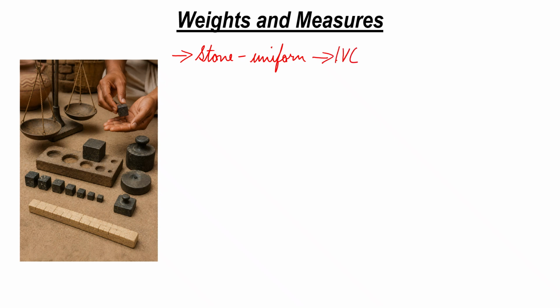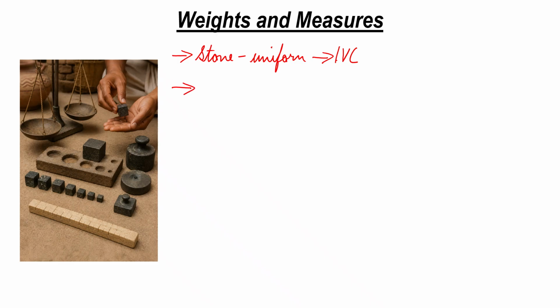So all across Indus Valley Civilization or Harappan Civilization, weights and measures were uniform. Means what is 1 kg worth of weight in Harappa, that 1 kg worth of weight will be same in Mohenjo-daro also, or anywhere outside.